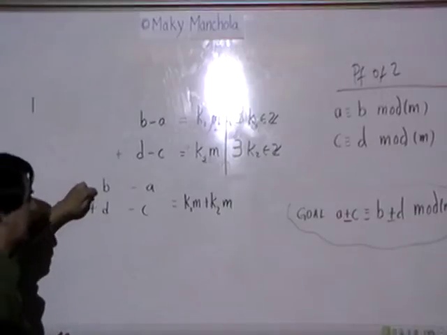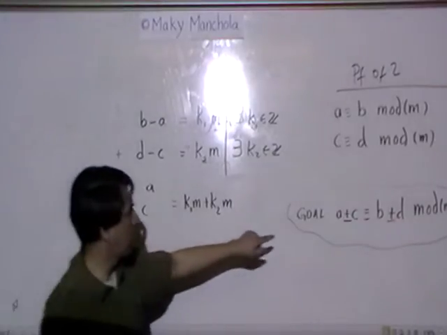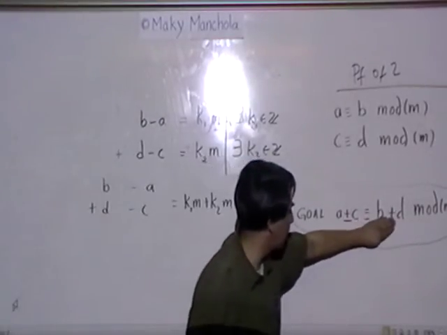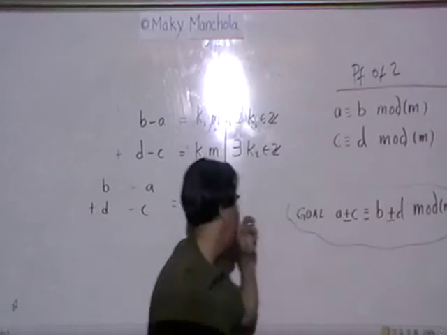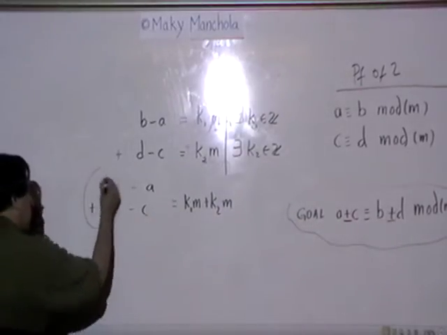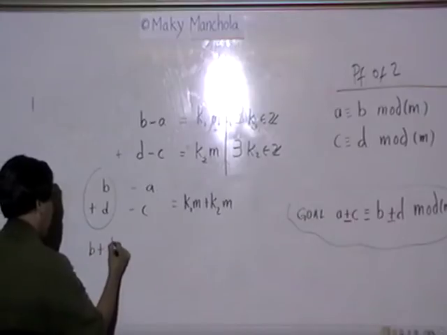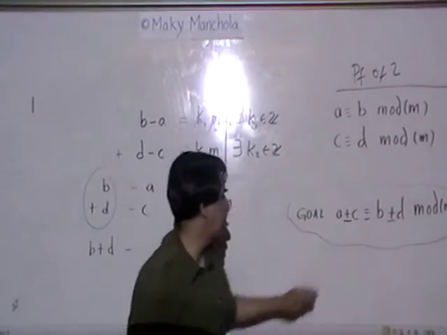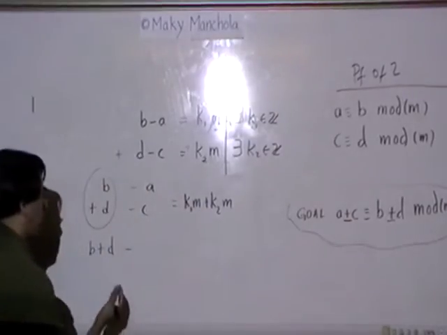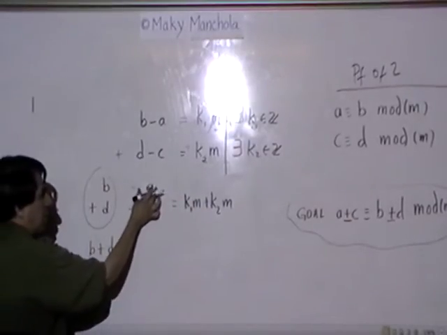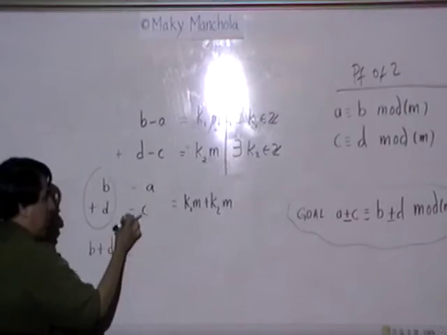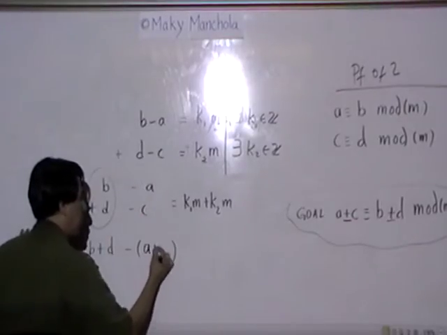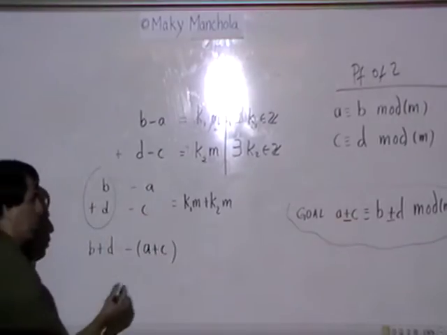Notice that if we're doing the addition part, our goal is that B plus D minus A plus C be a multiple of M. Are we going to get that? Well, let's notice that negative A minus C, you can factor out the negative and be left with A plus C. So we got that part of the goal.